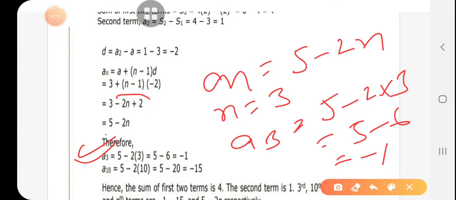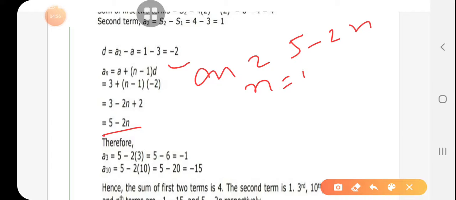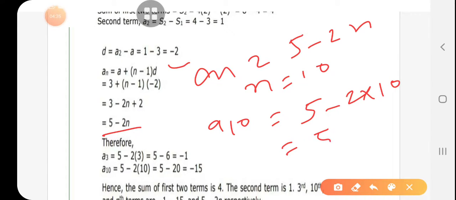Similarly, as an is equal to 5 minus 2n, now put n is equal to 10. Then a10 is equal to 5 minus 2 into 10, that is 5 minus 20, so the value will be minus 15.